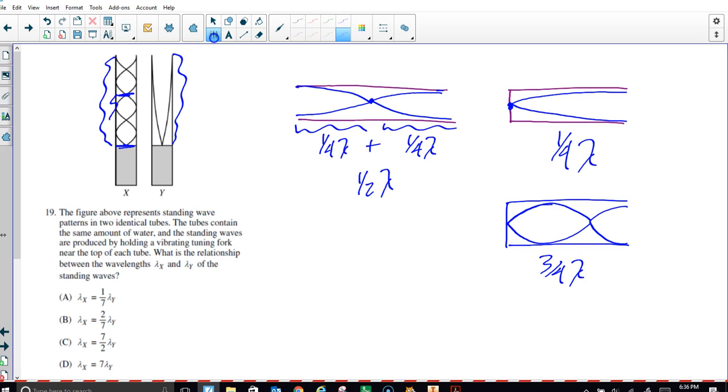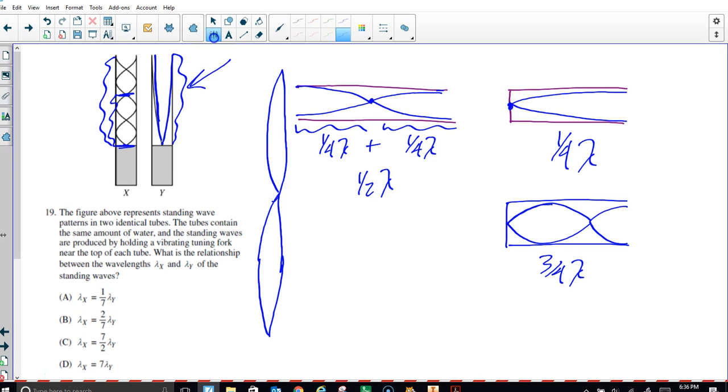And that is certainly smaller than the wavelength here, because this is only a quarter of a wavelength. If that's a quarter, well, that's a half, and that's a full wave. So the wavelength is about that long, attempted. So certainly the wavelength in x is going to be less than the wavelength in y.